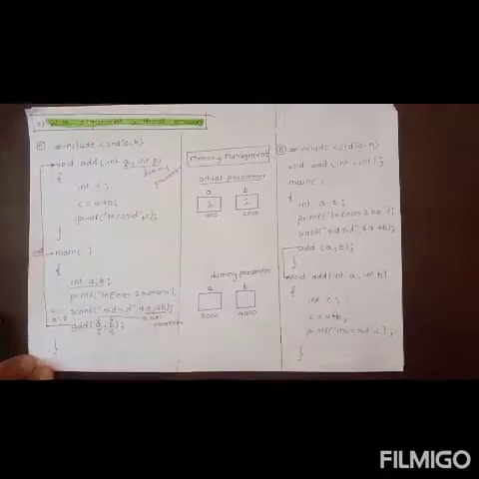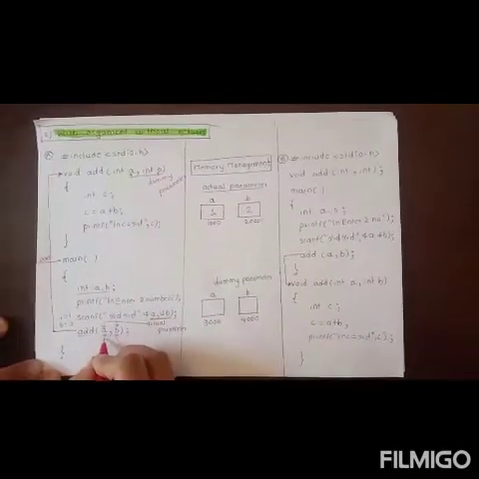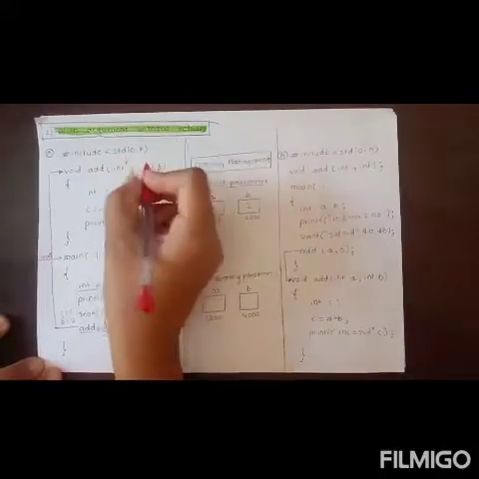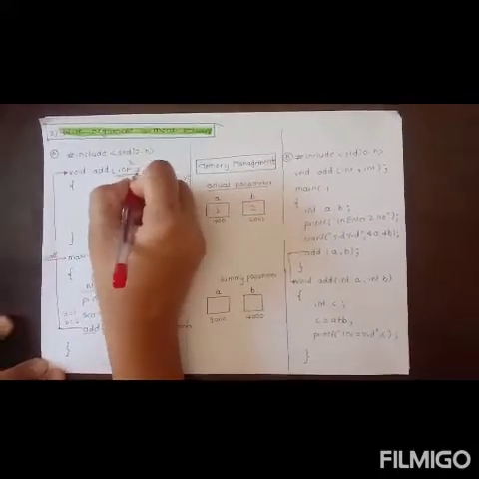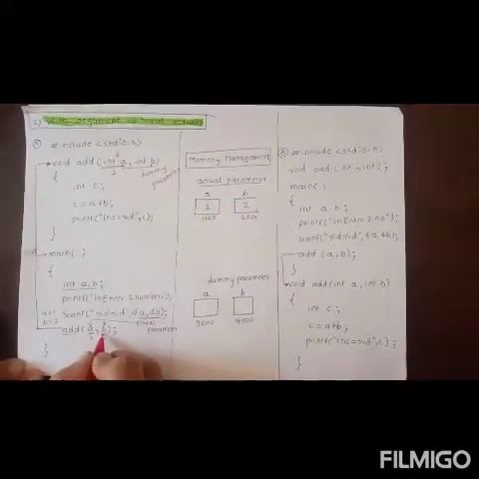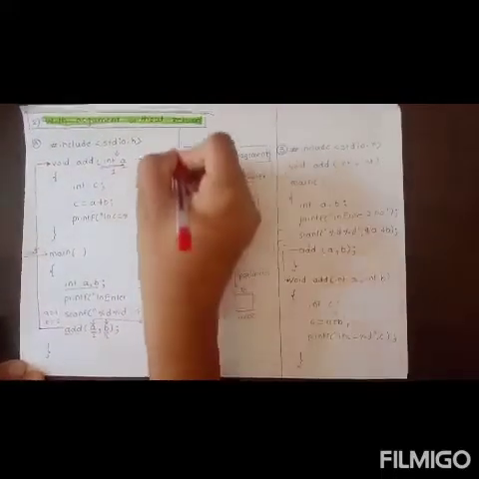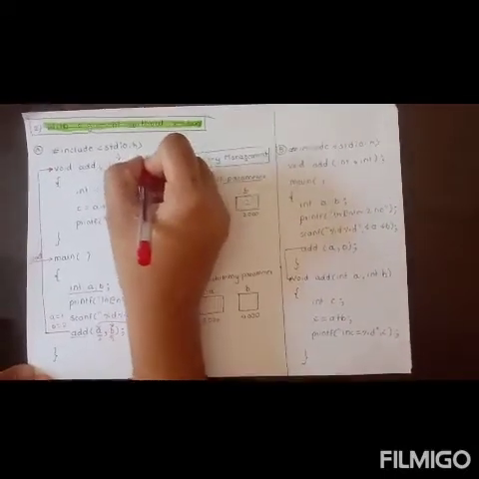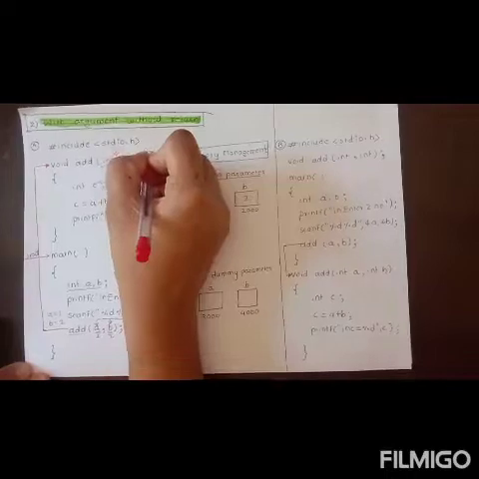Okay, so this one value is received by this a. So this a is initialized with what? 1. This b is received by this b, so this b is initialized with which value? 2.